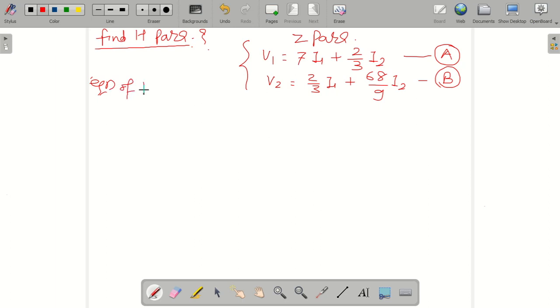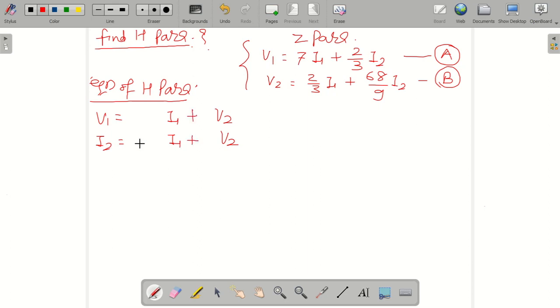What is the equation of H parameter? इक्वेशन ऑफ एच पैरामीटर क्या है? जस्ट हियर टेल मी, एच पैरामीटर क्या होता है? V1 and I2 are represented in terms of I1 and V2. यहाँ प्लस साइन है.